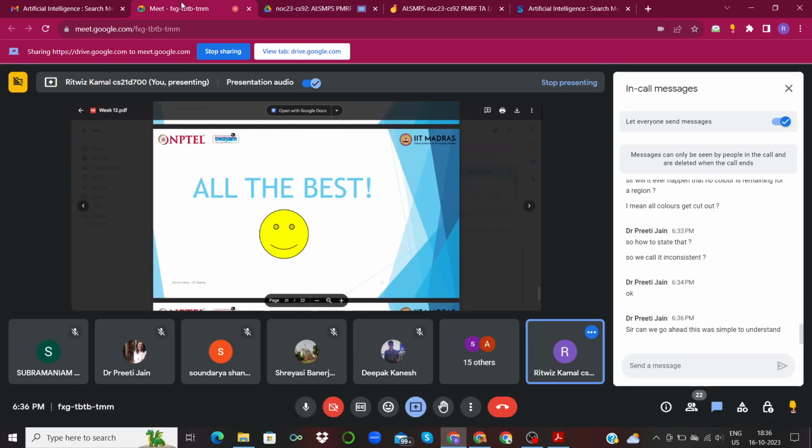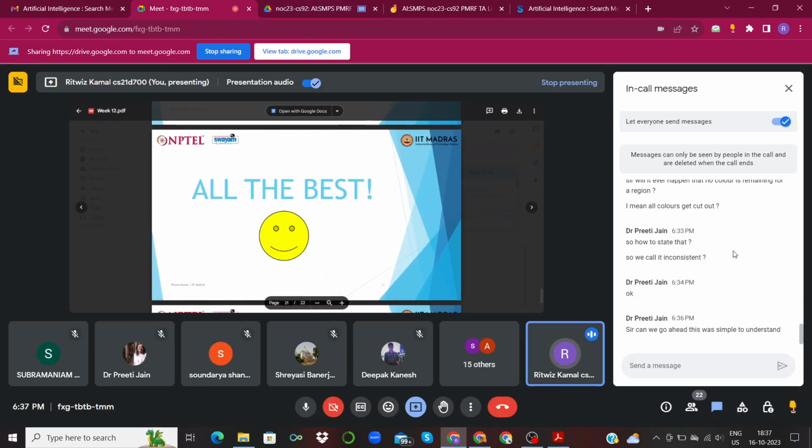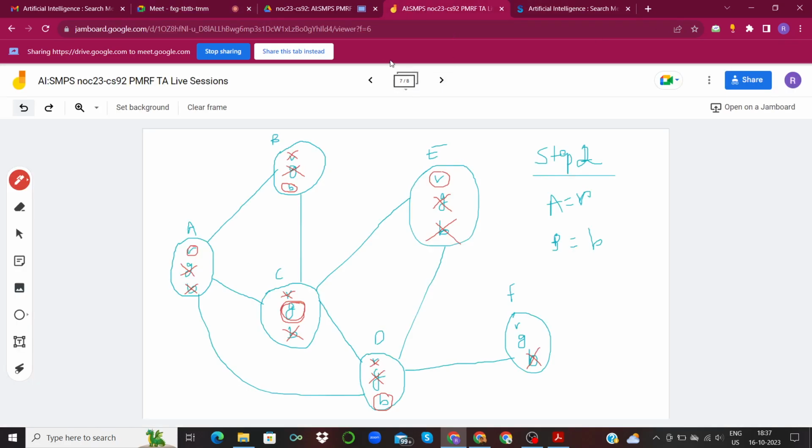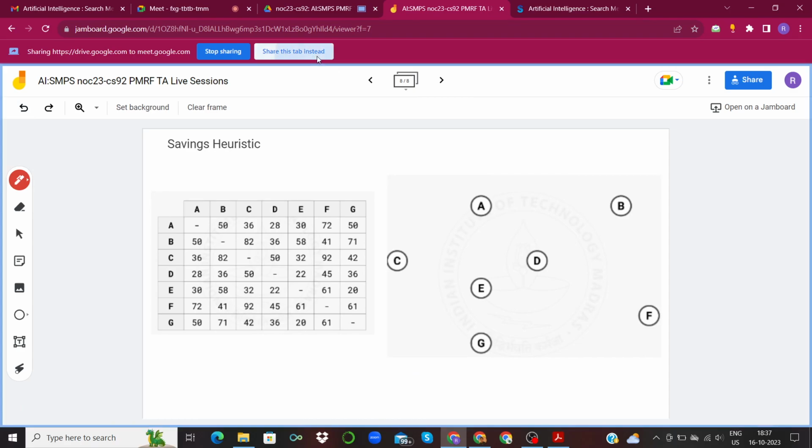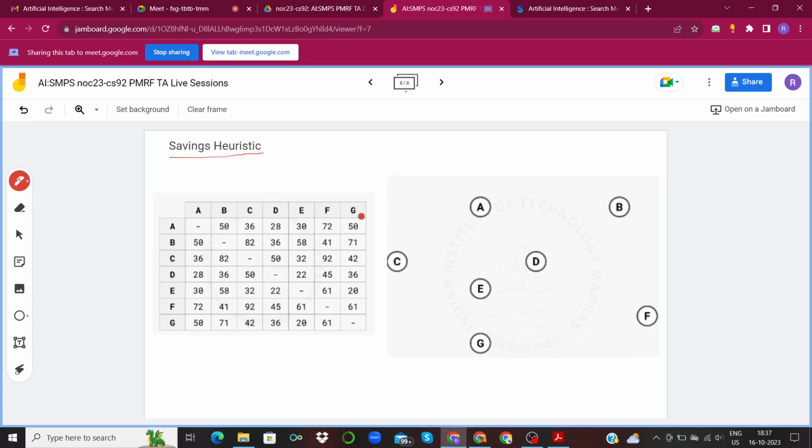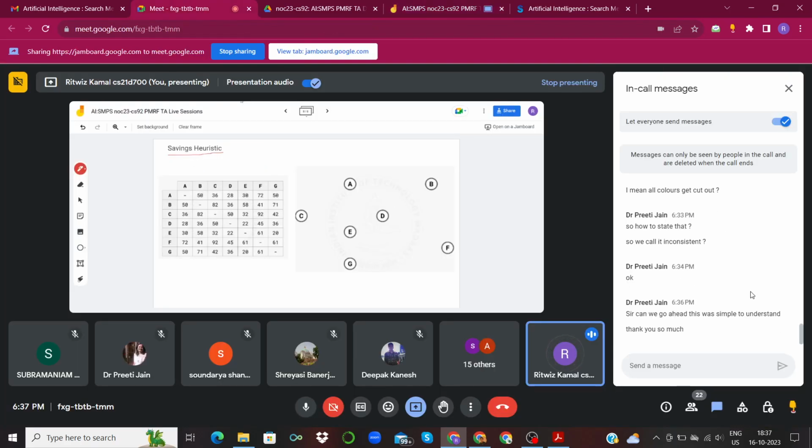Before we end the live session, I want to go over some of the recurring questions or doubts from the previous live sessions. One of the things that was brought up a number of times was the savings heuristic. With the help of the solutions that we discussed to the greedy heuristic and the nearest neighbor, were any of you able to understand the savings heuristic a bit better?